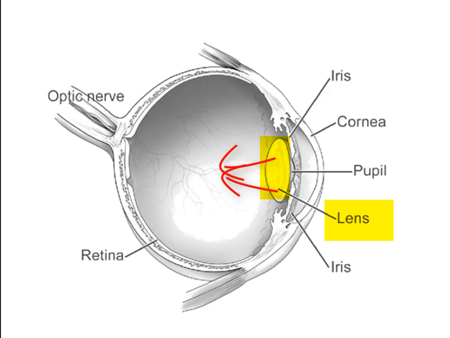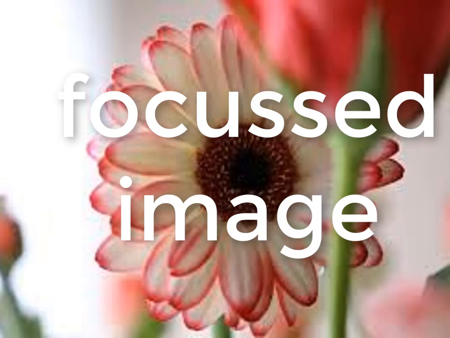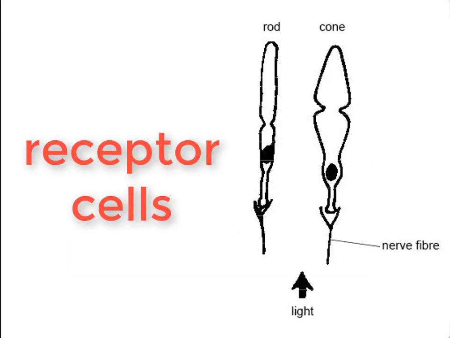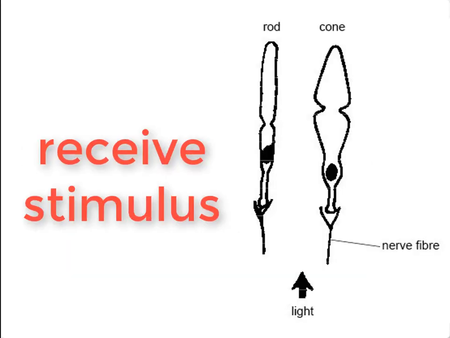If your lens is working right, it's refracted the right amount so that a sharp, focused image lands on the retina. The retina is a group of receptor cells which receive this light.